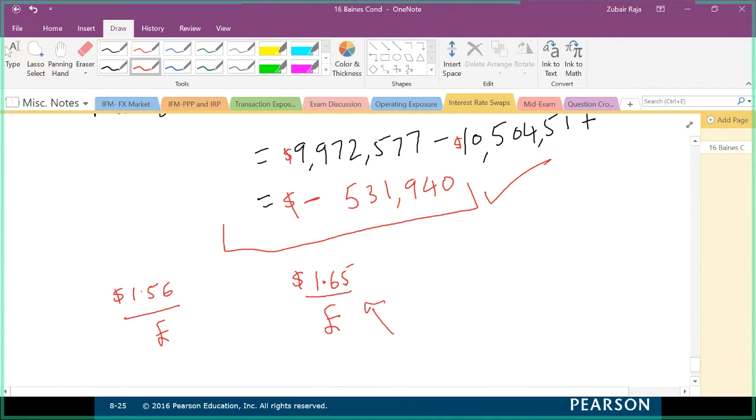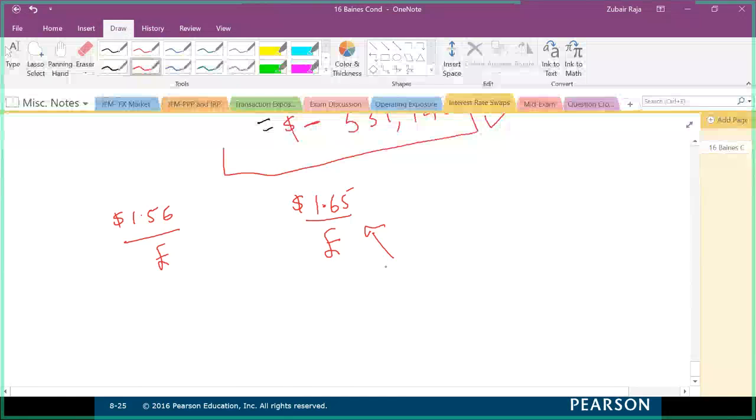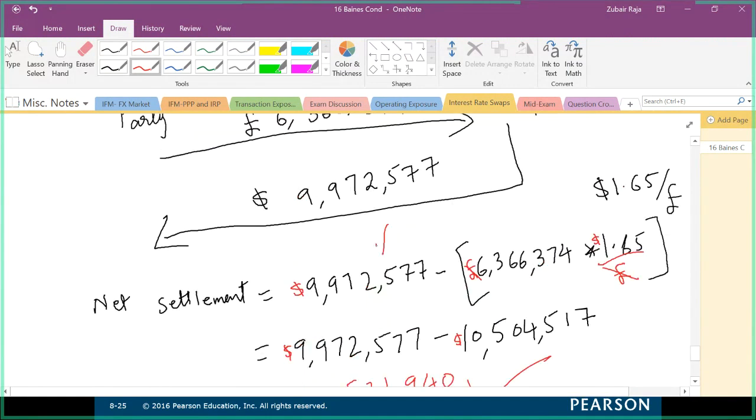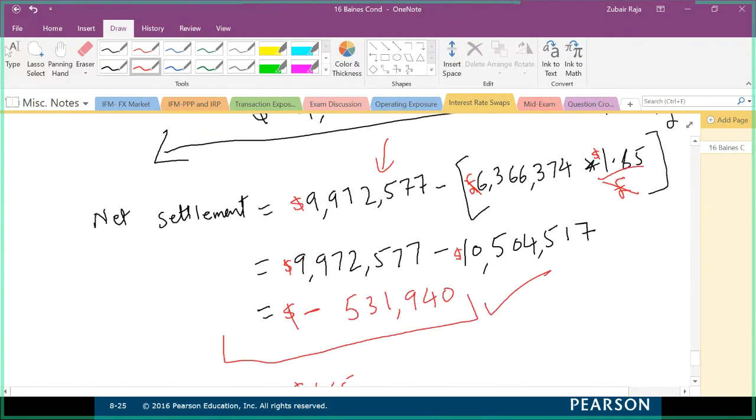If it were the other way around, say if the rate is less than 1.56, you will see that it's actually the party who will be making the profit rather than the swap dealer. Now this is actually the gain of the swap dealer. So the swap dealer will not pay this money back. The swap dealer will simply say, whatever is the net dollar amount, give it to me. And the company will pay this net dollar amount to the swap dealer. Is it clear? Any questions?